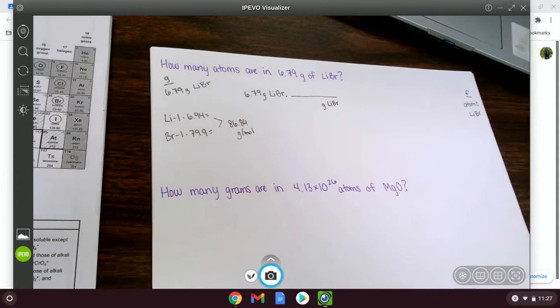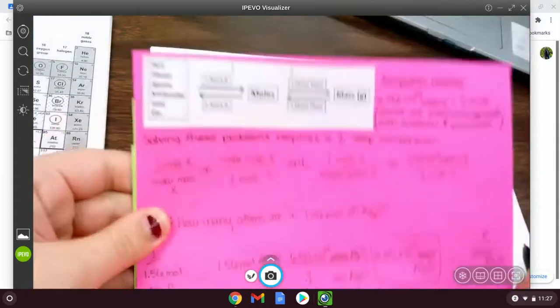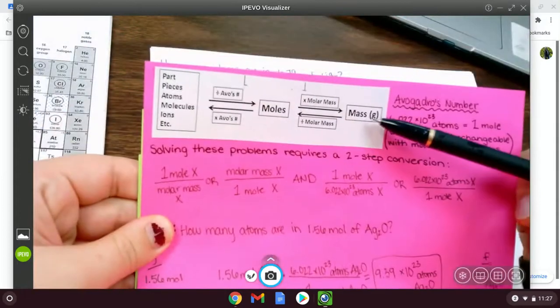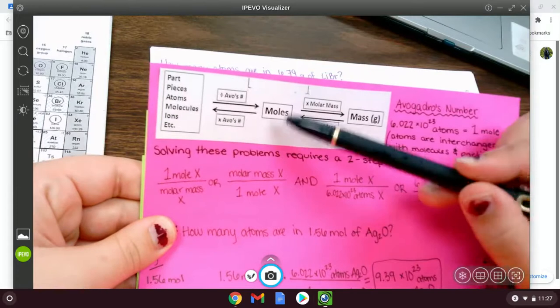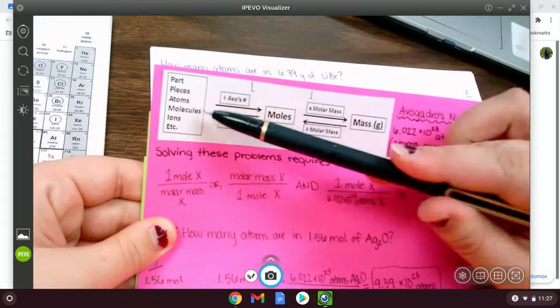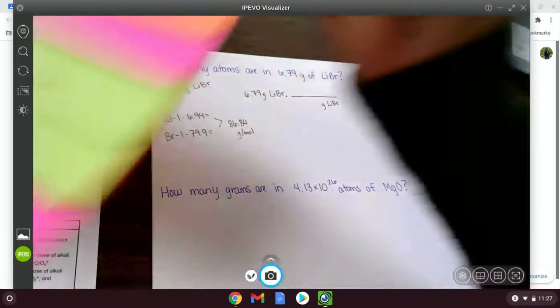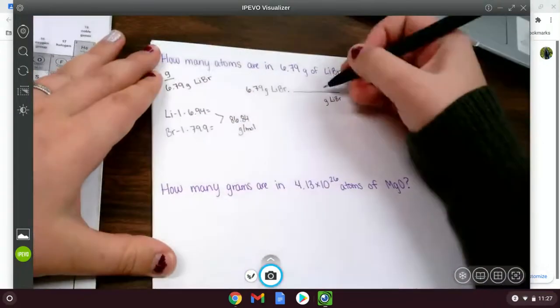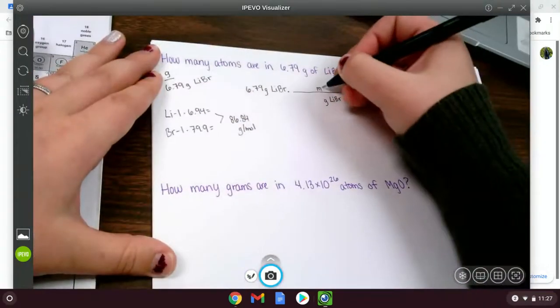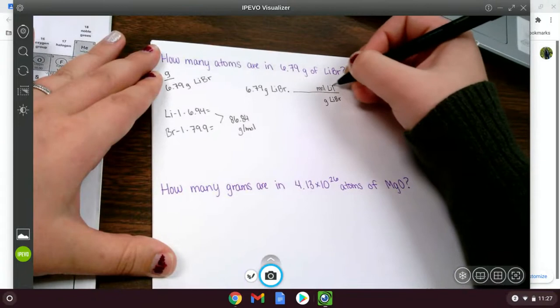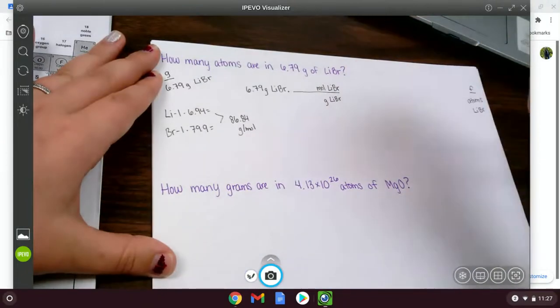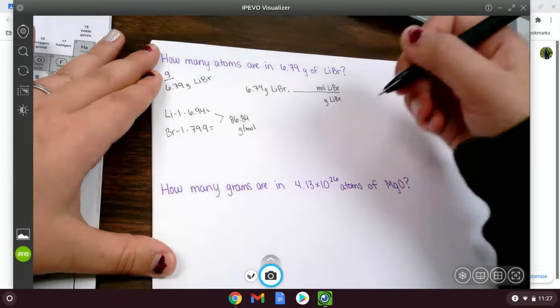And I'm trying to find my flow chart. Aha. Okay, so we're going from grams. We have to go through the mole to get to atoms. So that means my unit up here will be moles of the LiBr. Okay? So this is where I'm going to fill some info in.